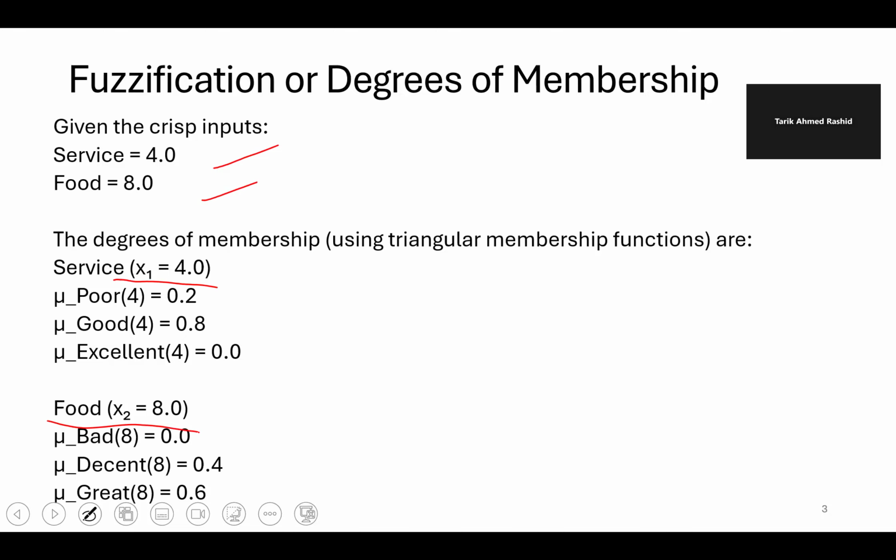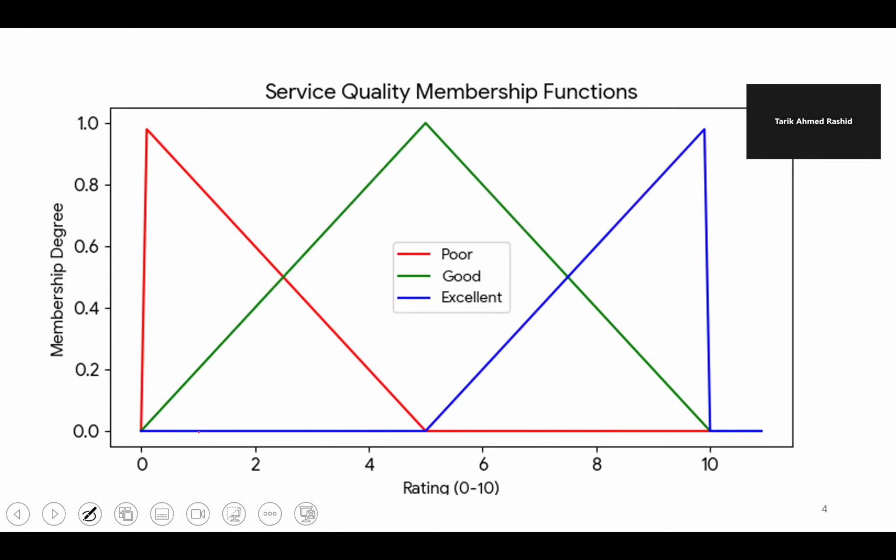If we project 4 on the service quality line, it will have 0.2 poor, and if you go further up, it will be roughly 0.8 good. Green is good, and poor is red. It does not hit the blue color, so excellent is 0.